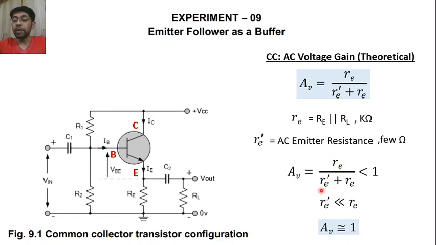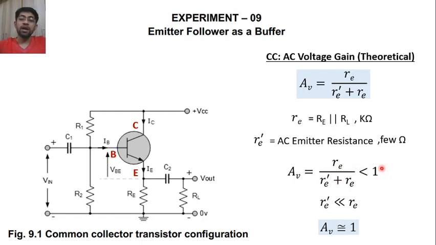But due to the presence of this re dash, though it is small, the denominator term will be slightly higher compared to the numerator. So the ratio of numerator by denominator will be less than 1.